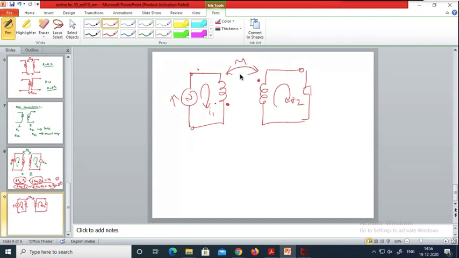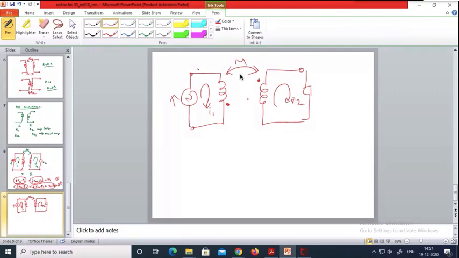So what is happening here? I1 is entering the dot here, sorry, I1 is leaving the dot here, I2 is leaving the dot. Any other way around, you can check out here. In the second case, I have written it differently.